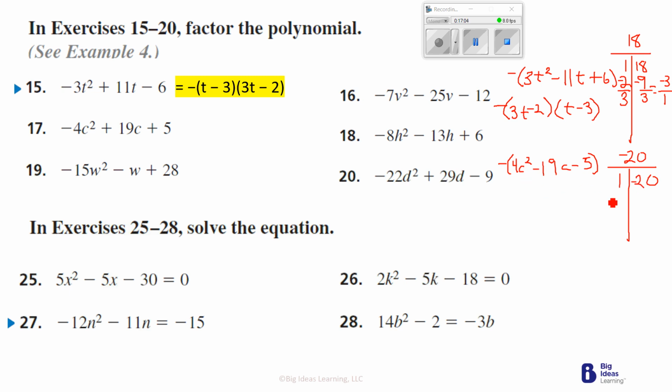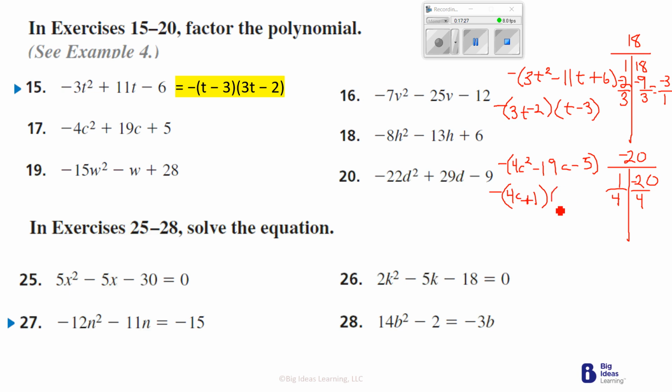Well, now I got to divide both of these by 4 again. All right, so my first one is going to be negative. Then my numerator will be my constant, which would be +1. My denominator will be my coefficient, which would be 4c.